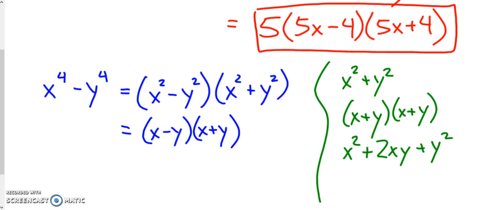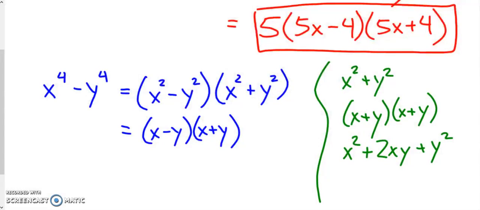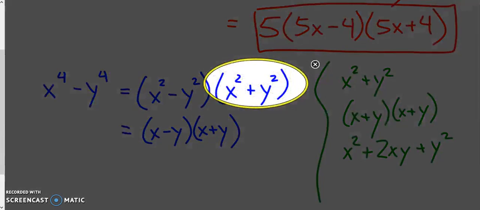And then some kids think, okay, well, if it didn't work with plus, let's do it with minus. Well, if you switch these two things to minus, all you're going to do is switch this sign to minus. This sign is going to stay plus because minus times minus is positive. The point is, you're still going to end up with this 2xy in the middle, and that's nowhere to be found in this piece.